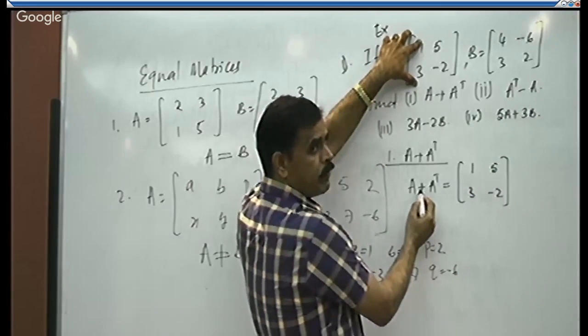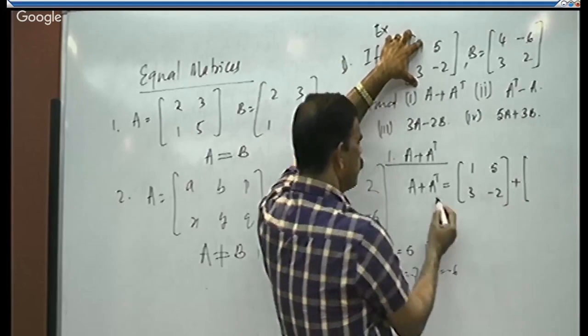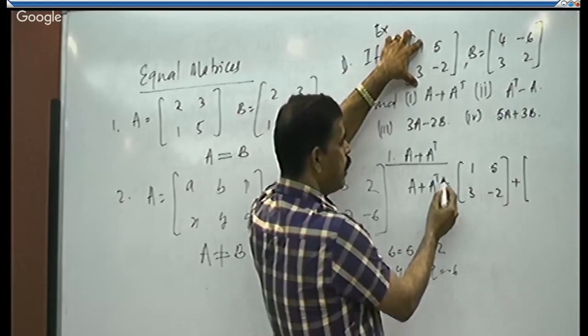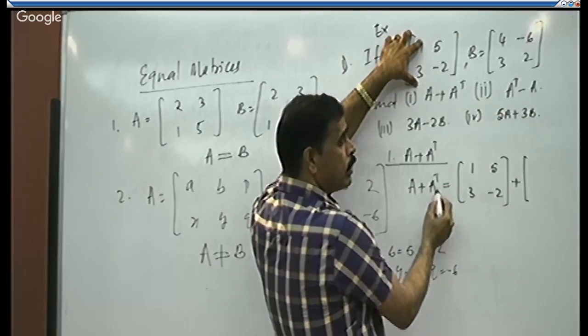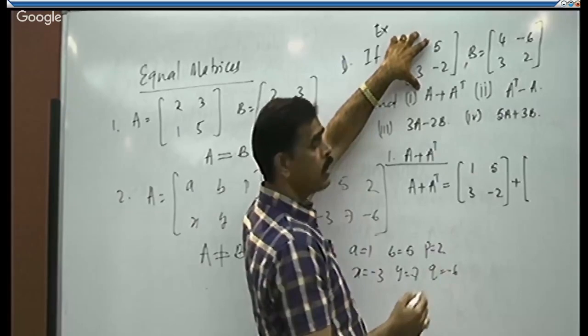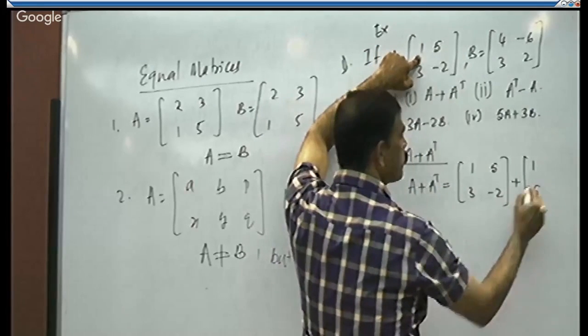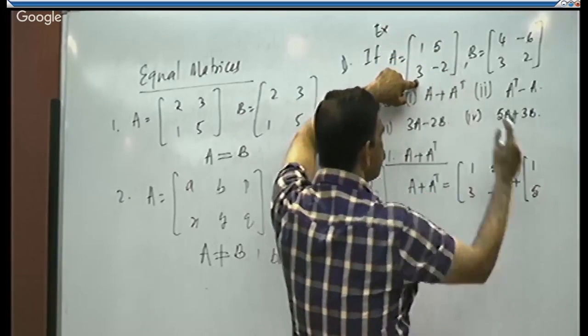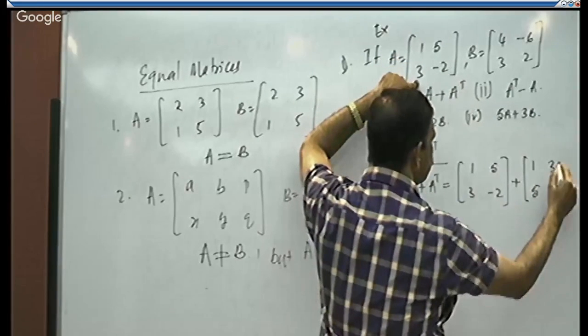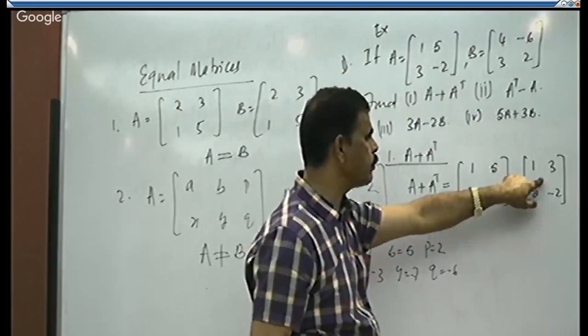Then what symbol do we have? Plus, put plus. Then what is there? A transpose. What does it mean? In A, rows are changed into columns. Correct? The first row is made as the first column. The second row is made as the second column. This is the A transpose.